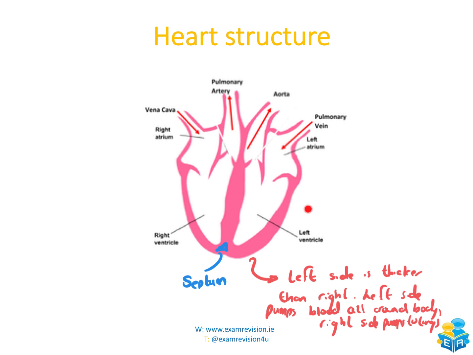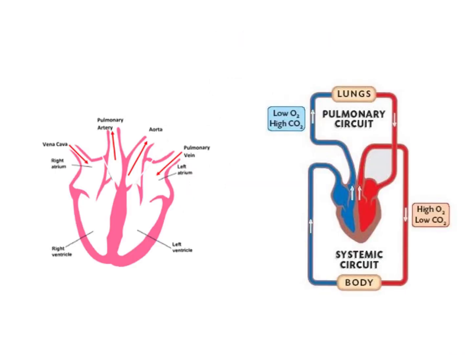Whereas the left-hand side over here, it has to pump blood all around the body, so to everywhere else in the body. That's a much greater distance for it to have to travel. It's going to have to be pumped at a higher pressure to make sure that it gets there. So the left-hand side of the heart is going to be that little bit thicker to ensure that that can happen.